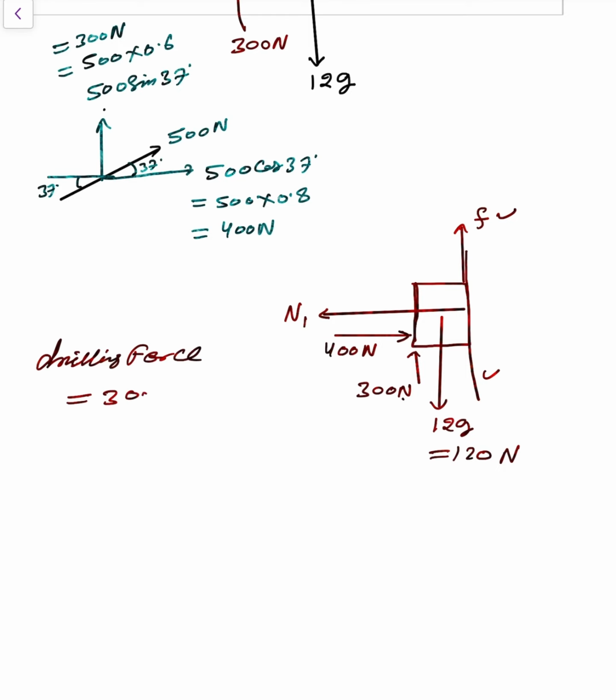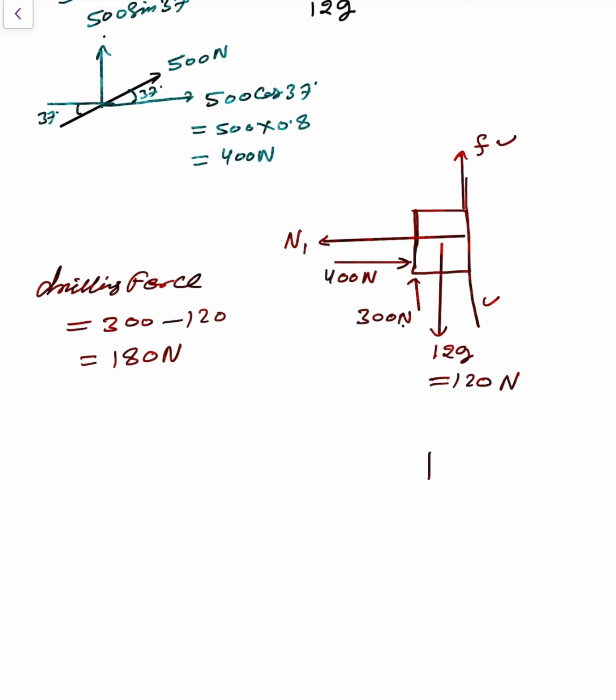So 300 minus 120, that is how much? 180 Newton. So driving force direction is upward. Okay, so driving force upward is how much? 180 Newton.